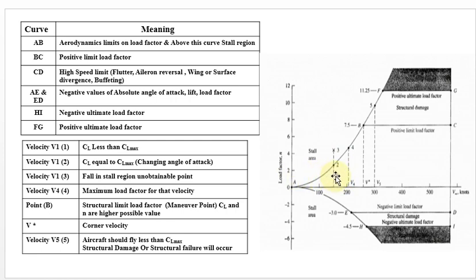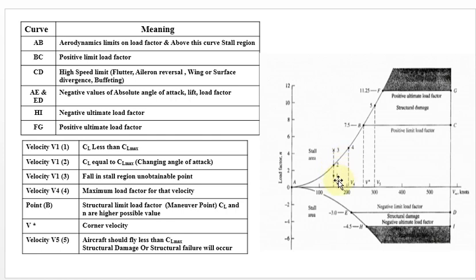Why should I reach N max? Because N max is the point where your aircraft will be safely flying. Once you go beyond the N max value, some structural damage and other things will happen. So each and every aircraft should fly at almost the maximum N max point.